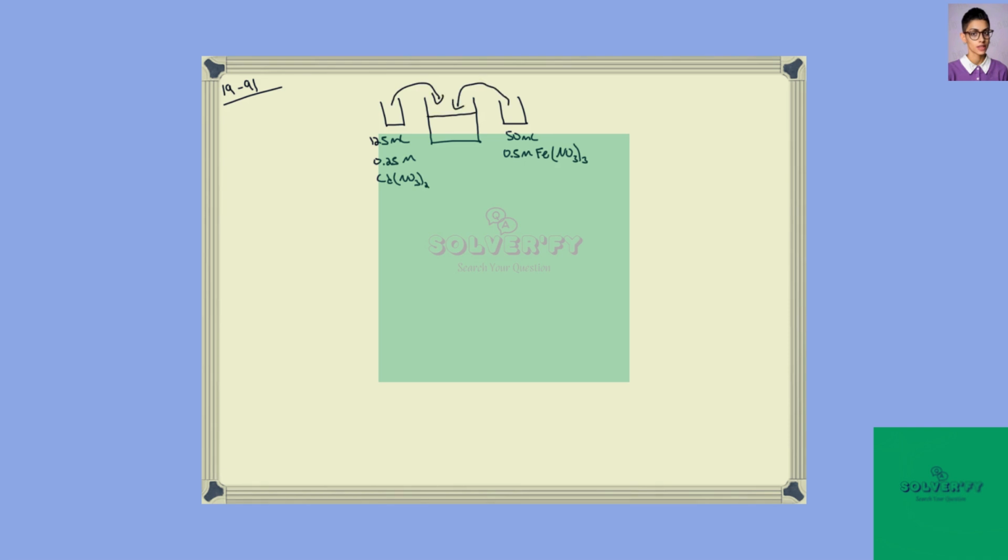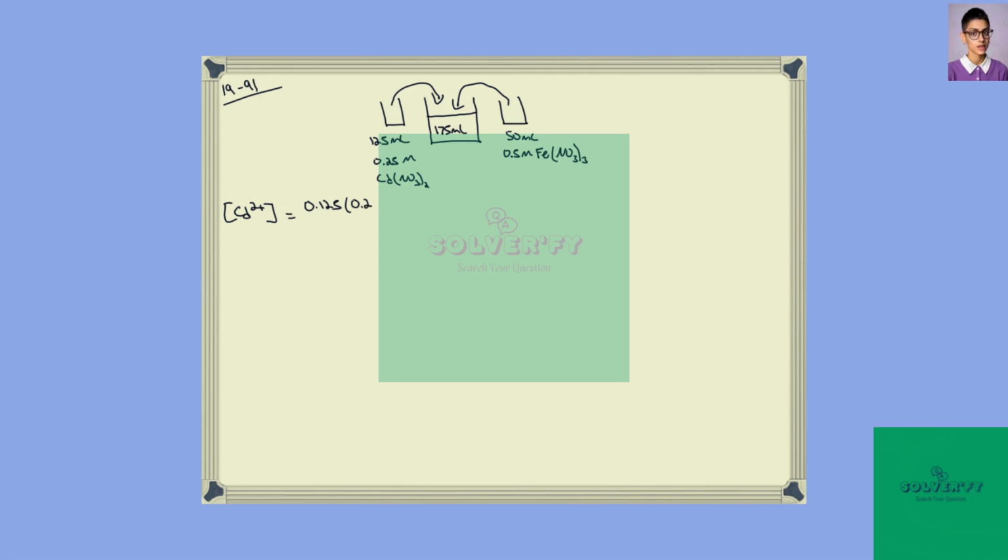So if we mix these two solutions together, we of course will have 175 milliliters, and each of these concentrations will change slightly due to the volume having changed. So let's first calculate the new concentrations of each cation.